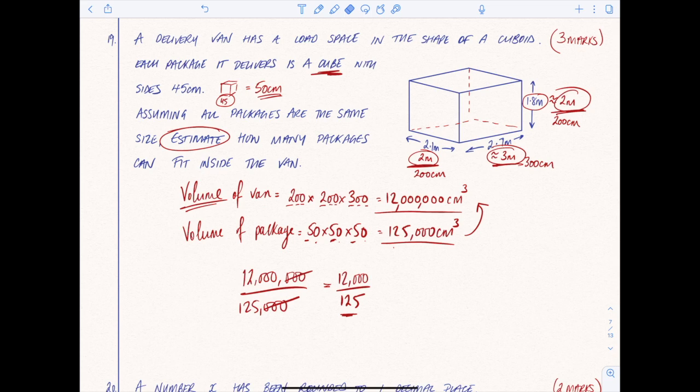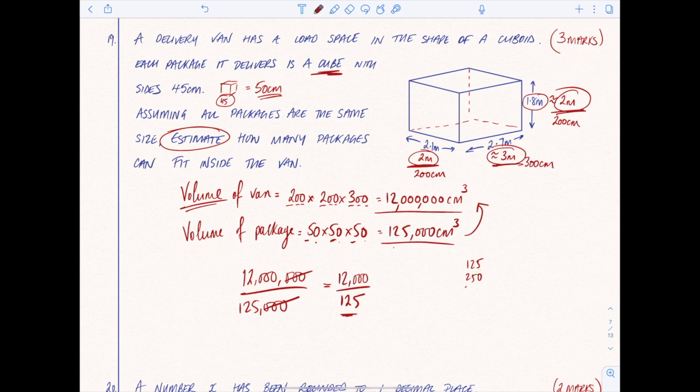One thing I would say is that with 125, you know you're going to go 125, 250. Now that's twice. So 125 goes into 250 twice. And then to get that to 1,000, let's just do that.